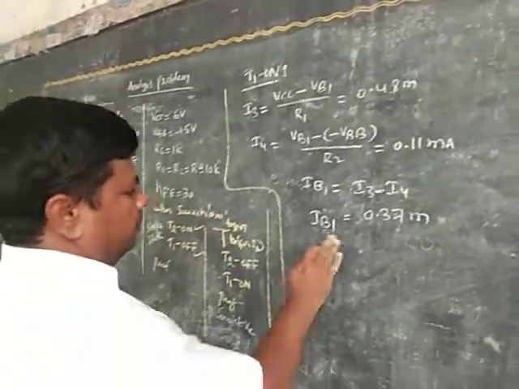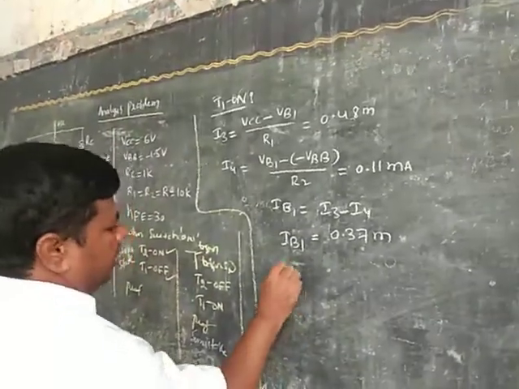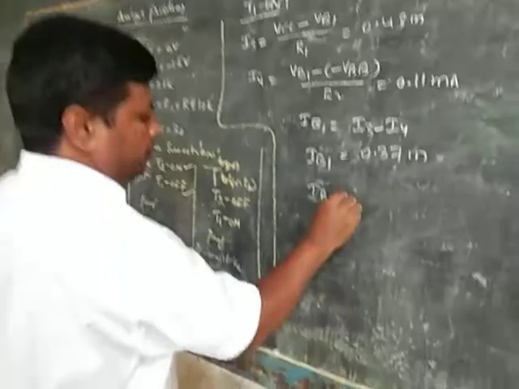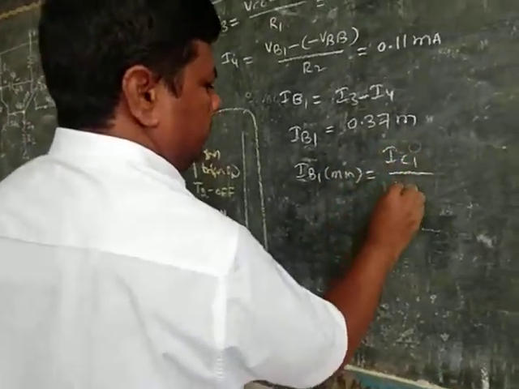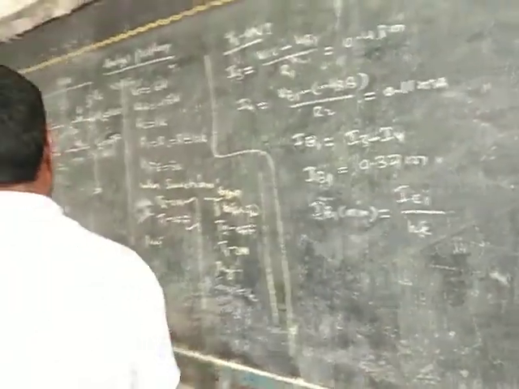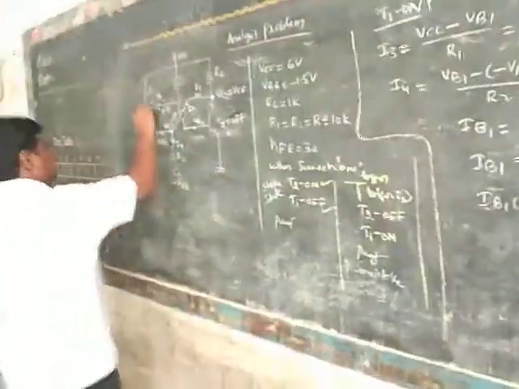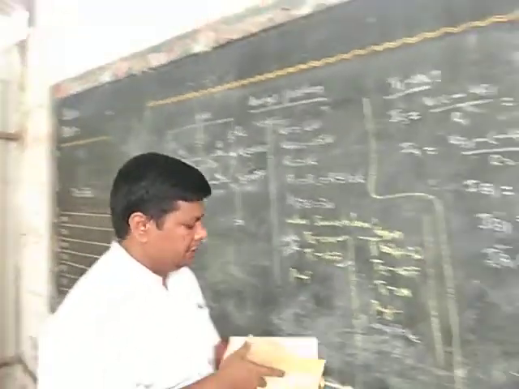This is IB1. Okay. Then we have to find IB1 minimum. Then IB1 minimum is equal to IC1 by HFE. Find out the IC1 current.